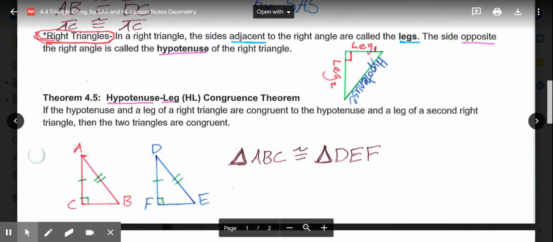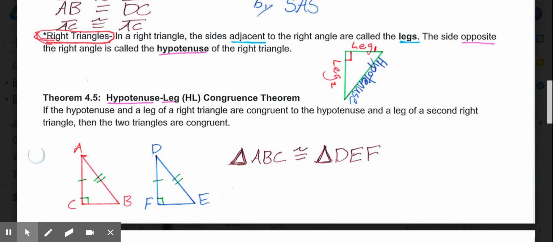So anytime you're going to use hypotenuse leg, it has to be a right triangle. Theorem 4.5 reads, if the hypotenuse and one leg of a right triangle are congruent to the hypotenuse and one leg of a second right triangle, then the two triangles are congruent.